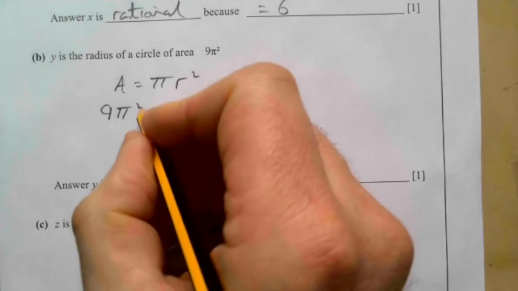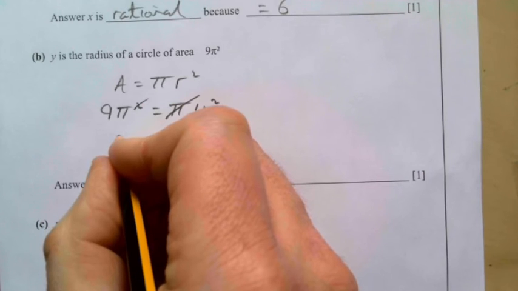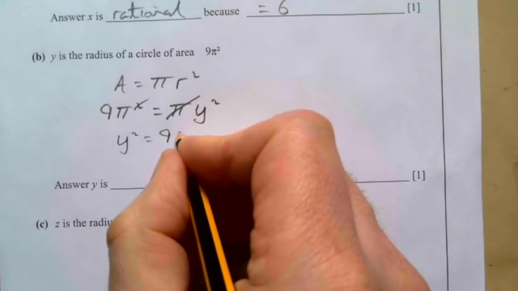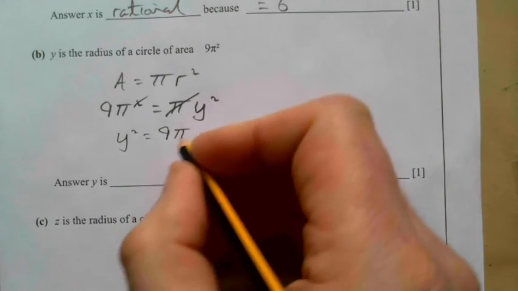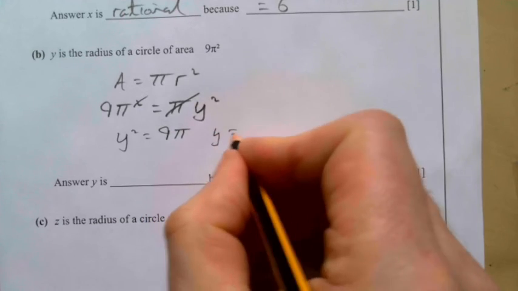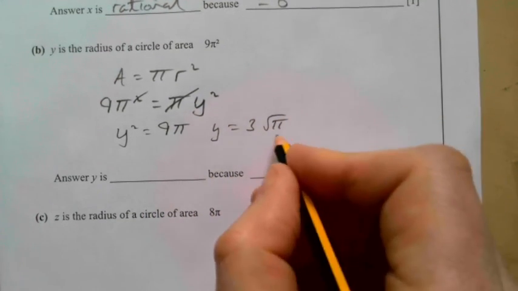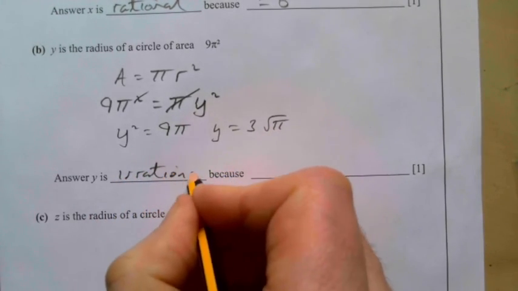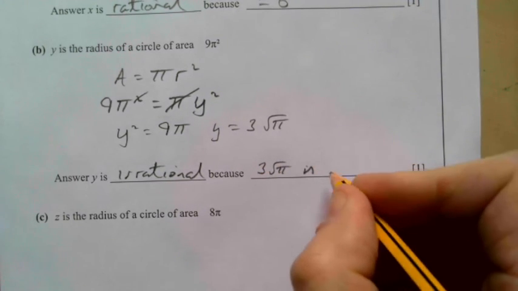I divide both sides by pi, and I get y squared equals 9 pi. So that means y is equal to 3 the square root of pi. And if you have pi involved in your answer, it's going to be irrational. The root pi is irrational.